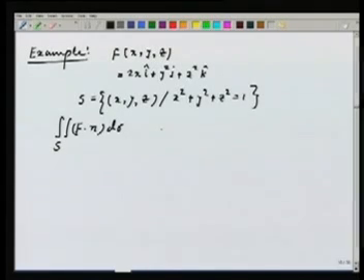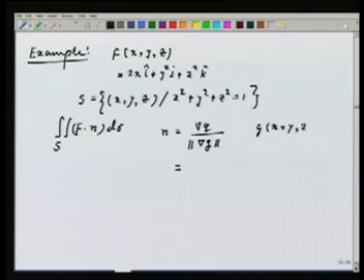So what is n now? n again is given by the formula grad g by norm grad g, where g(x, y, z) is the sphere equation. For each point I have to calculate the normal, so locally I can think of it as a graph, so it's okay.